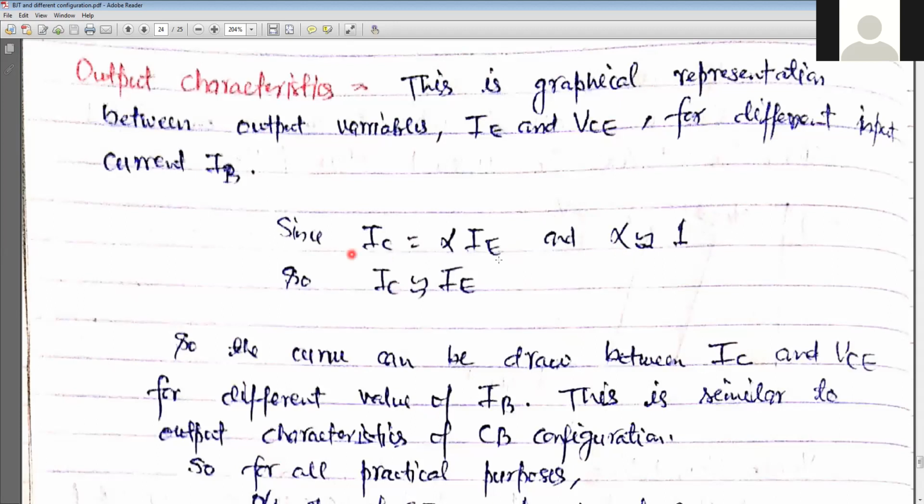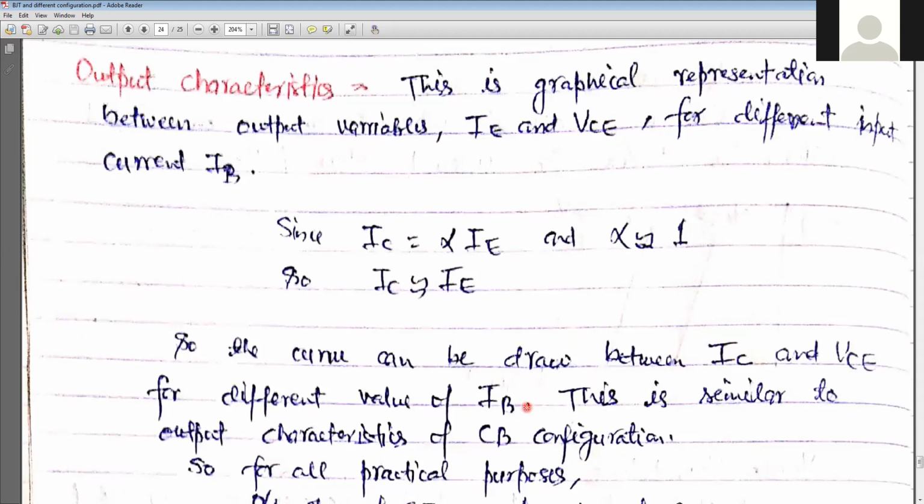Now IC is equal to alpha IE, and we know alpha is about 0.95 to 0.98, and hence IC and IE are the same. So instead of drawing the curve between IE and VC, you are basically drawing the curve between IC and VC for different values of IB.